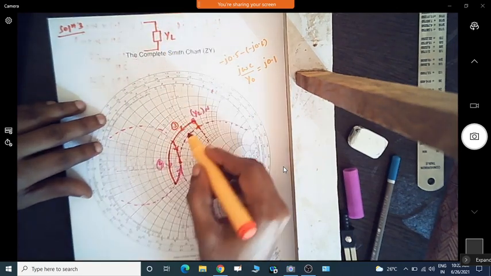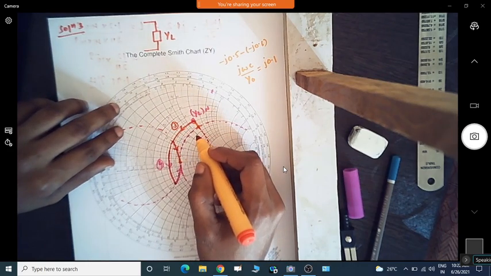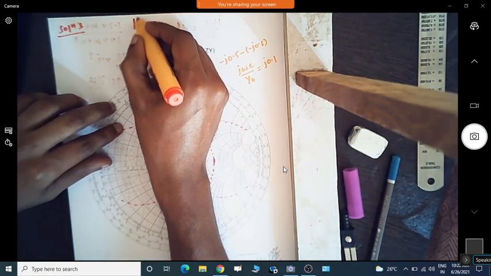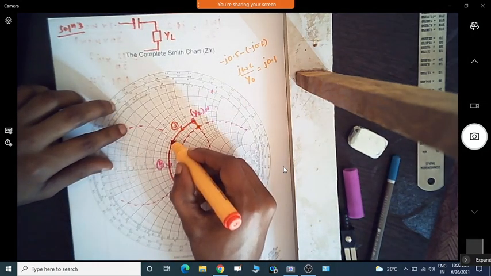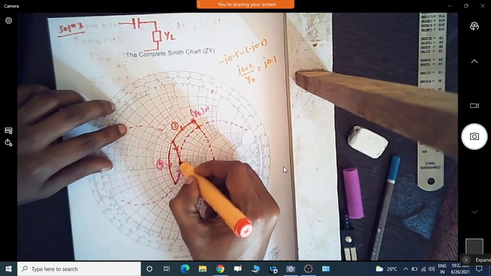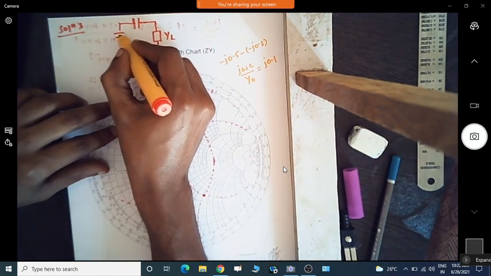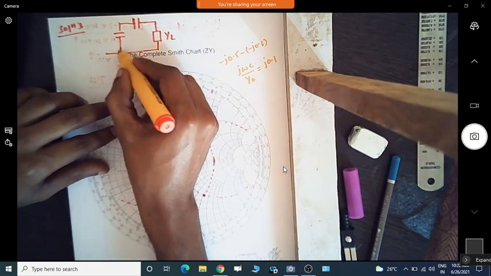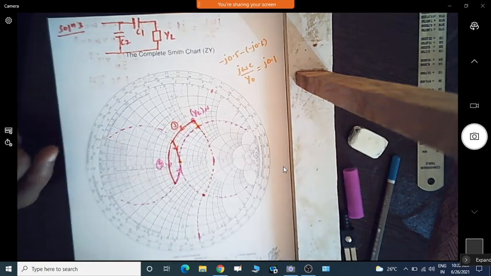If you are moving downwards on the resistance circle, it is capacitance, so it is a series capacitance. Now again from the conductance circle downwards, conductance circle downwards again means it is a shunt capacitance. So now we have to find out the value of C1 and C2.